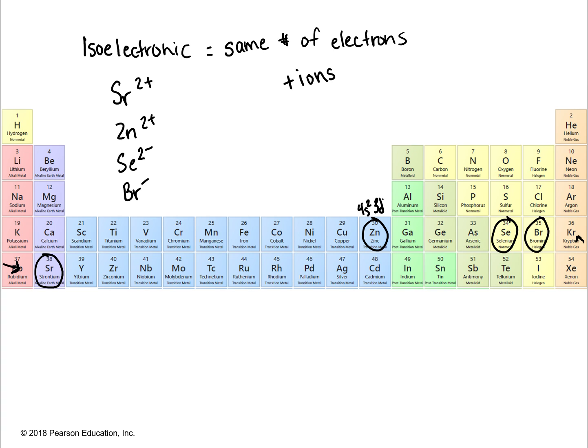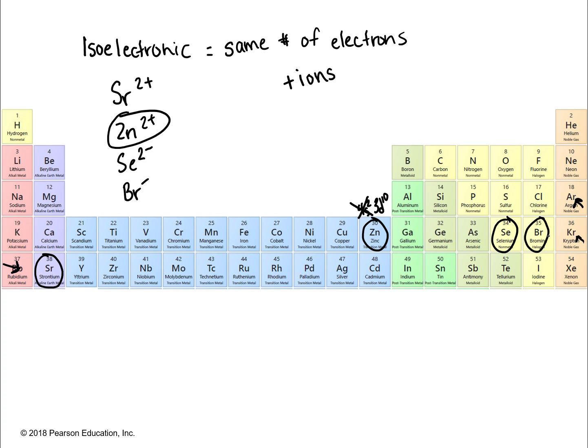It's got 3d electrons. When it loses those 4s electrons, it's going to look like argon. That's not krypton. So we already know just from checking the positive ions, zinc doesn't smell right, but let's keep going.